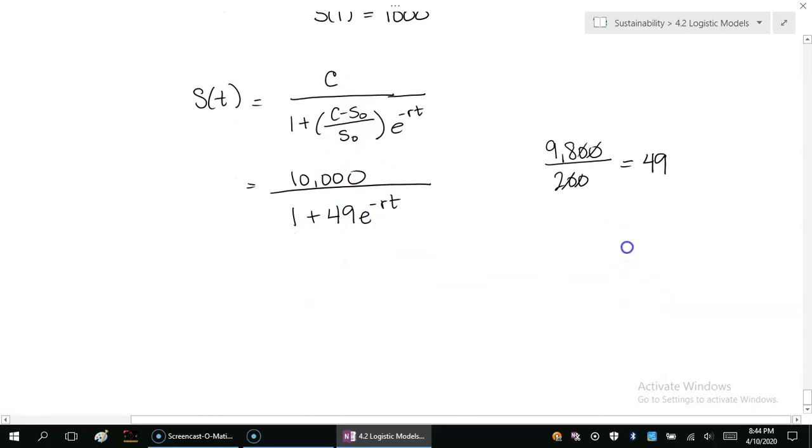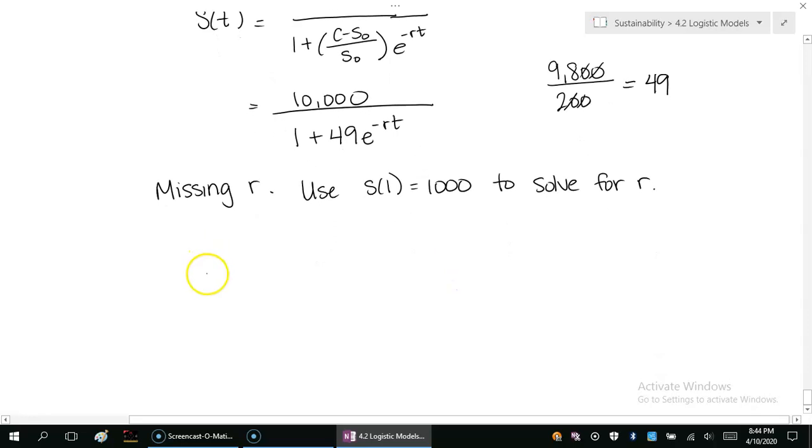And we're missing the r value. So let's use the extra piece of information that we have to solve for it. We're going to use the fact that S of 1 is 1,000 to solve for r.